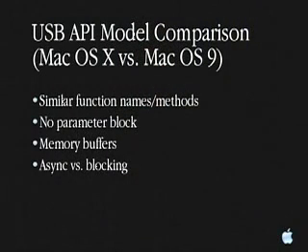Now, how does the API for USB in macOS 10 compare with the API in macOS 9? Well, many of the function names are similar, but in fact, the API is vastly different in the respect that in 9 you have a parameter block interface, whereas in 10 you have a series of C++ methods that you call.